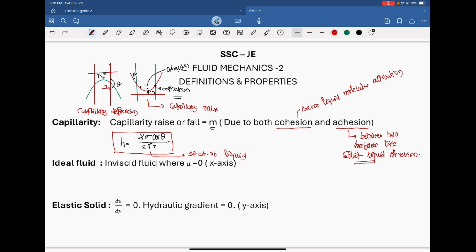And we can measure the value of H with this formula. S is the specific gravity of liquid.